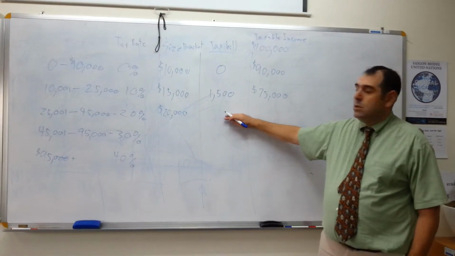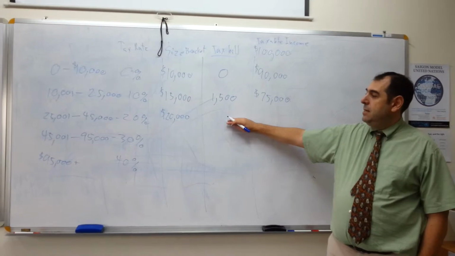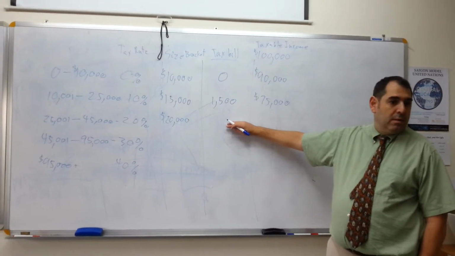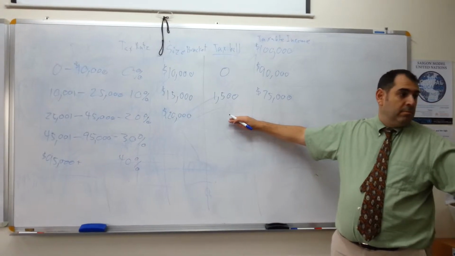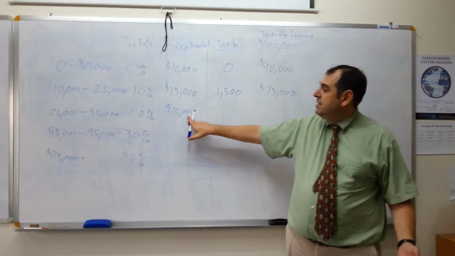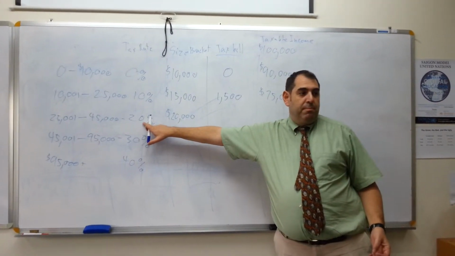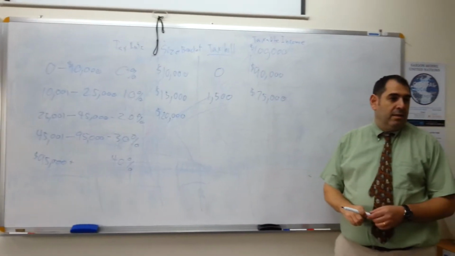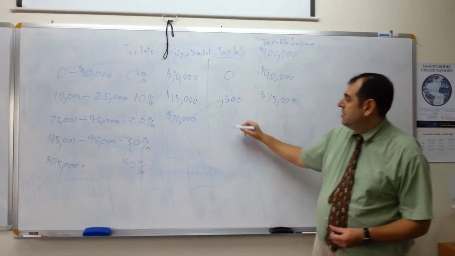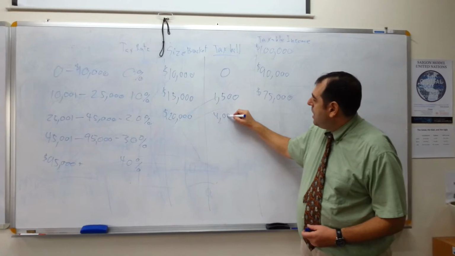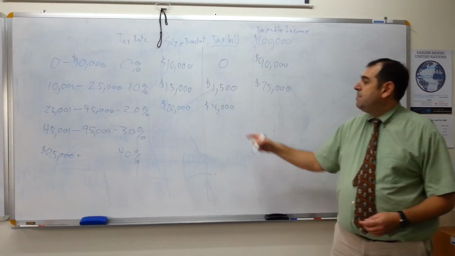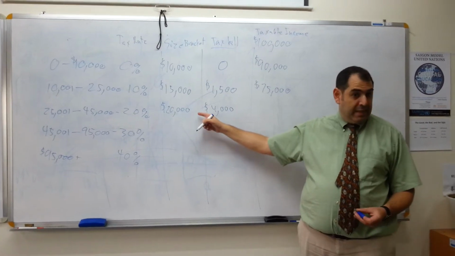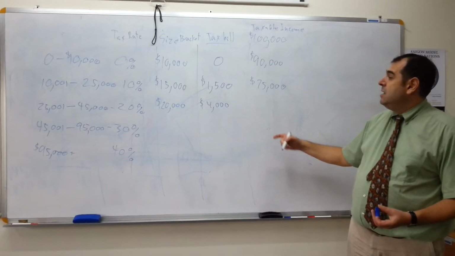So how much will he have to pay? It's $20,000, 20% would be $4,000. So he has to pay $4,000 on the next $20,000. That's what we're saying. All right.